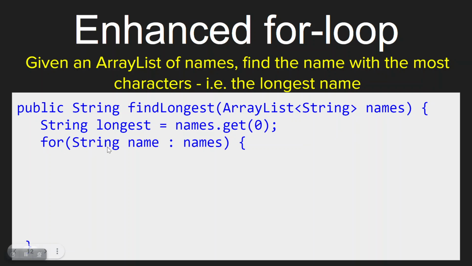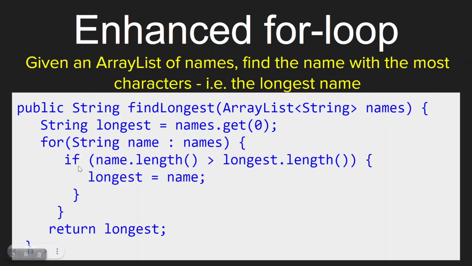Now we are looping through an array list of strings. So we're going to say for each String name in names. Again, that's how I read it to myself, or for (String name : names). And then it's just going to check if name.length() is greater than longest.length(), longest = name, and then return longest.